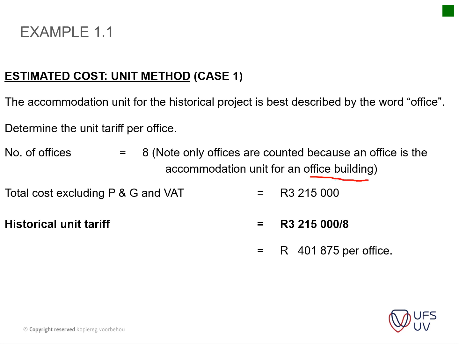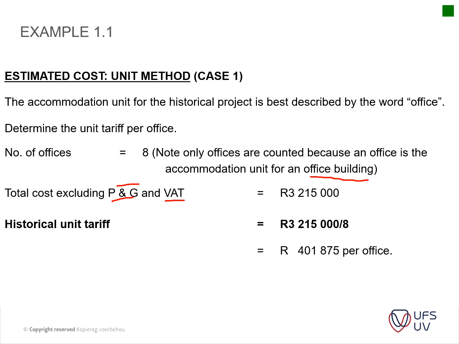The tea rooms, the toilet facilities and all of that are excluded, so just mind that. So you get to your calculation cost excluding P's and G's and VAT. Make sure that you know what P's and G's are: preliminaries and general. I've explained that in class as well, and it's also in your notes.